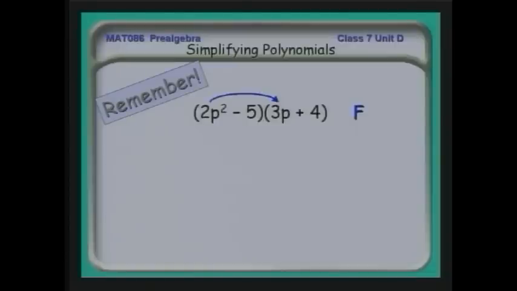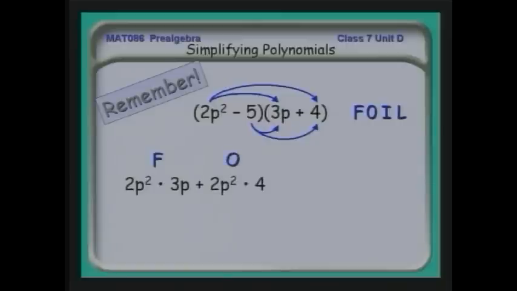We multiply the 2 first terms together, that's the F. We multiply the 2 outer terms together, that's the 2p squared and the 4, the O. The 2 inner terms, the ones that are closest together in the middle, the I, and then the 2 last terms together. We get 4 terms. There's the first, the outer, the inner, and the last.